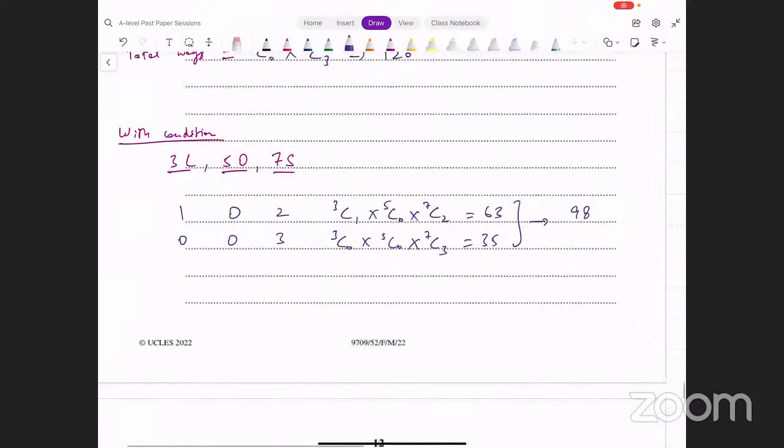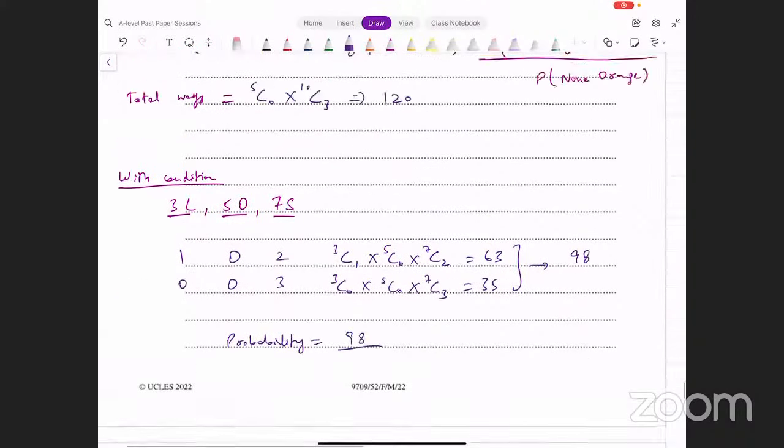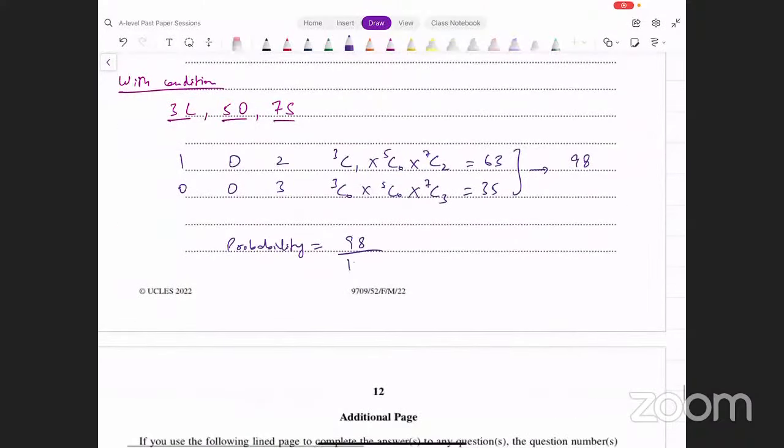Probability अब क्या हो जाएगी? Probability is going to be 98 over 120. And that's going to give you 49 over 60, or in decimals, that is 0.8167. That's the probability. That's what we're looking for.